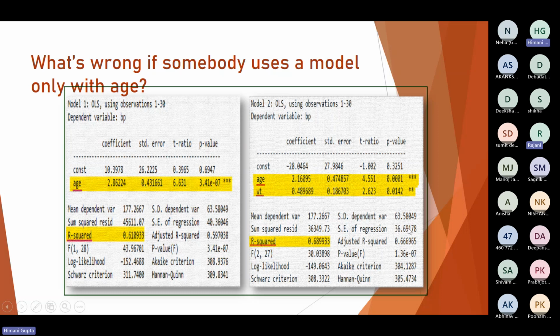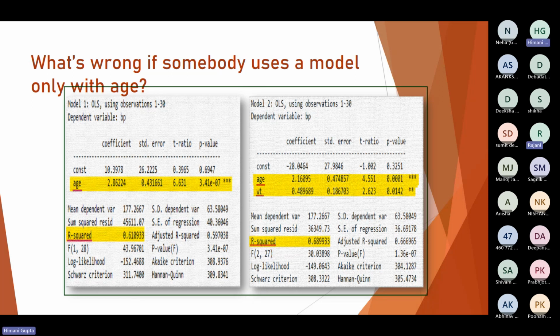So the thing is, we don't have to blindly add independent variables. Whatever independent variables we are adding in my model should have some meaning. They should be able to explain the dependent variable, and that should be clear by the theory.